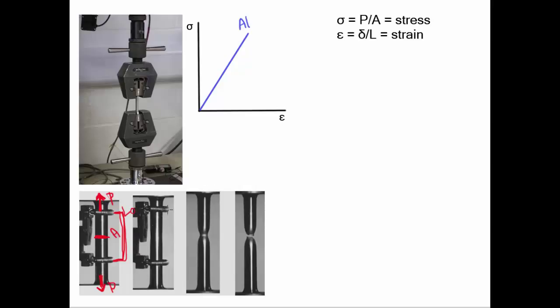So if we look in this second picture where the object has been stretched a little bit, we can compare the two pictures and find the difference in length. And maybe the difference in length, if this is L on this picture, might be an equivalent like right here. These two sections should be the same, and then the additional little distance right here is delta.